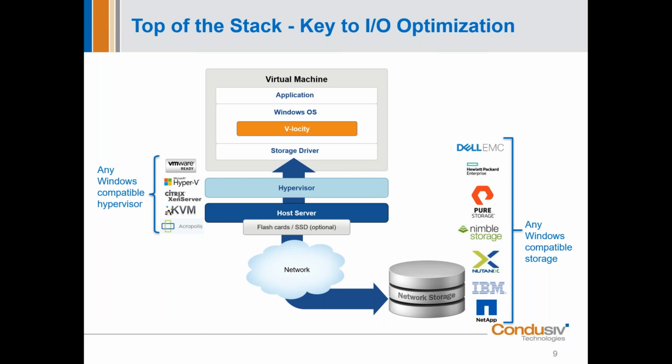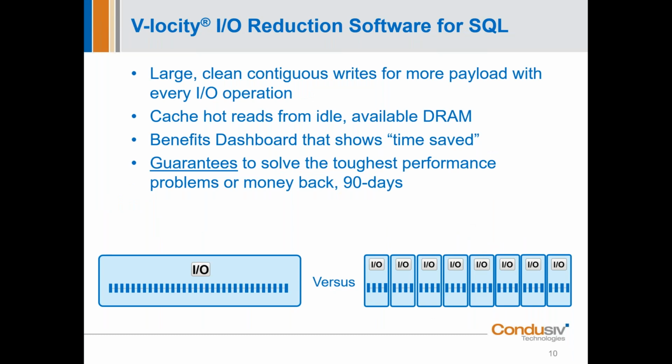So, folks, if you think of us, we're like a personal trainer to Windows. We're the intelligence that Windows designed 30 plus years ago never got. We're not doing the work; we're coaching Windows to provide that large contiguous IO versus the small, tiny random IOs. So what does Velocity do? Again, large contiguous writes for more payload.